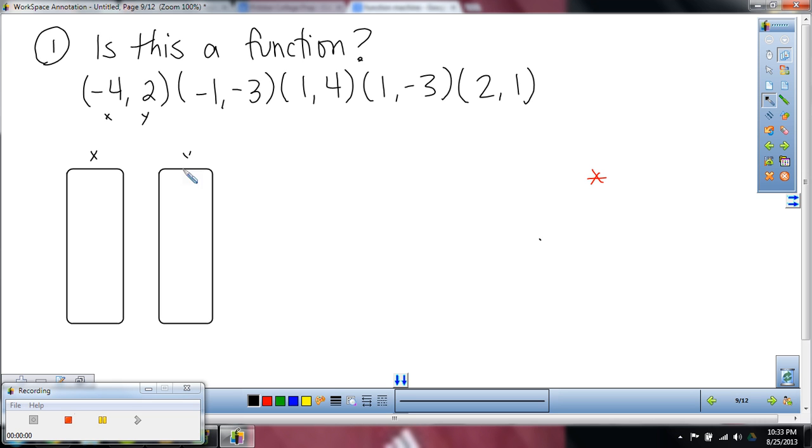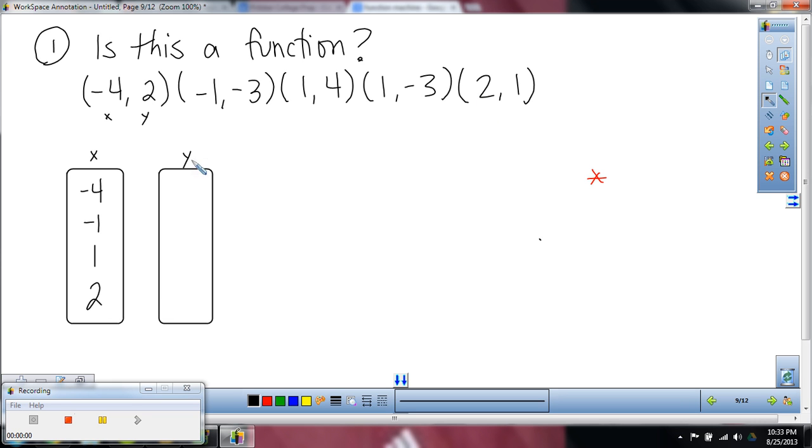So here's our domain and our range. We have a -4, a -1, a +1, and then again we see another +1. Since that's already in our box, we don't want to write that twice. So we move on, and the last value is 2.